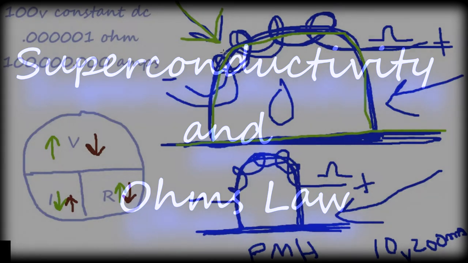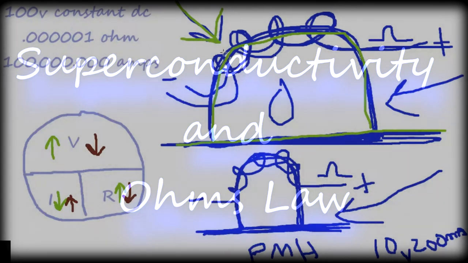Okay, so you divide your 100 volts by that decimal number to get your current capacity across that superconductor. So 100 divided by 0.000001 ohms equals 100 million amps.